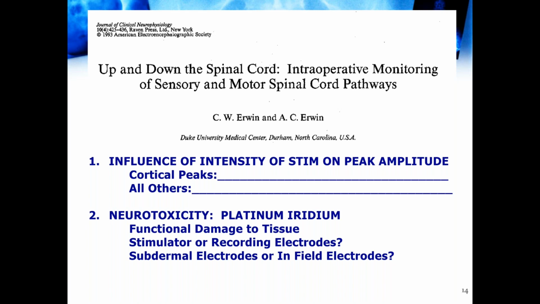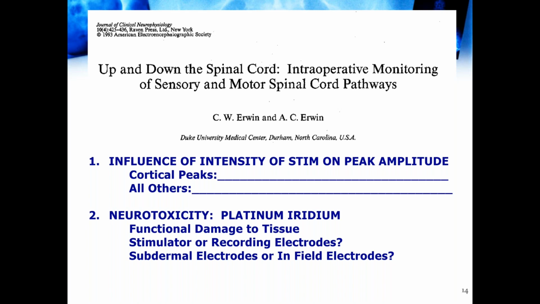So at whatever point you start to see that motor impulse is the point at which you would expect your cortical to max out on amplitude. All of the other peaks, however, increase in amplitude. Your subcorticals and your peripheral peak increase in amplitude as you increase the stim. And this is great because it allows us in the operating room to validate supramaximal stimulation.